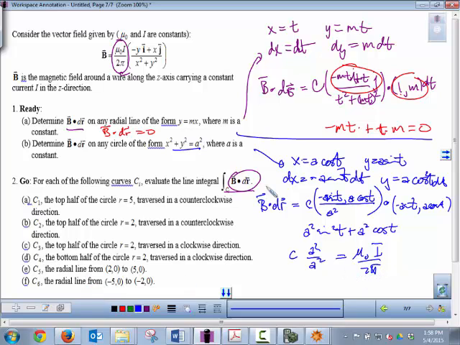We're assuming that it's a counterclockwise direction. If we ever have to parameterize in the clockwise direction, we just throw a negative sign. So this is your B, and then you just need to put in the limits.